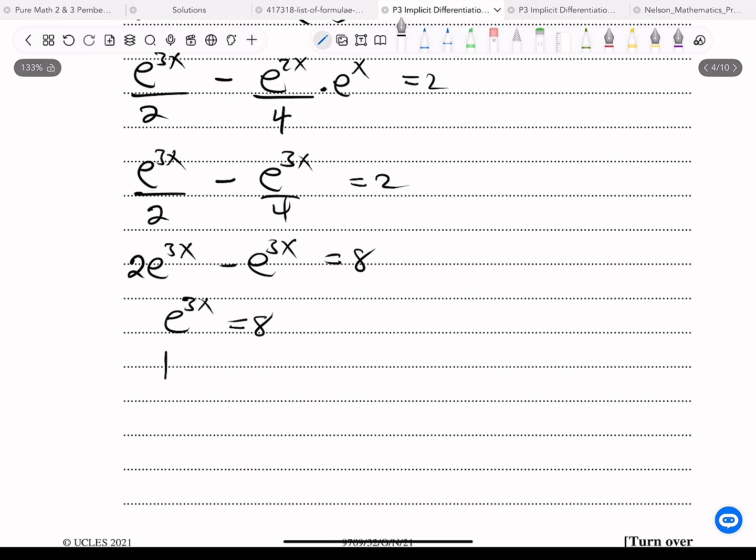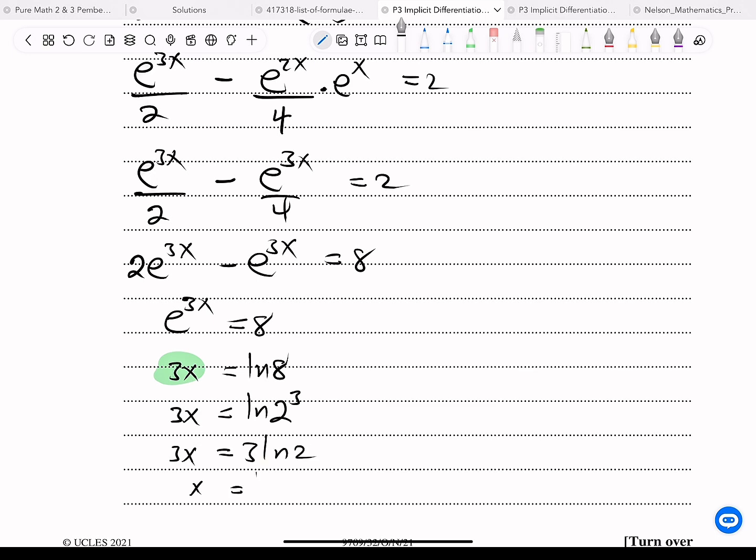Take the natural log of both sides, and that will give you 3x equals natural log of 8. Now, because 8 is the same as 2 to the power 3, and I'm seeing a 3 here, I feel like I can just cancel out. So I'm going to do ln 2 cubed, which is x equals ln 2.